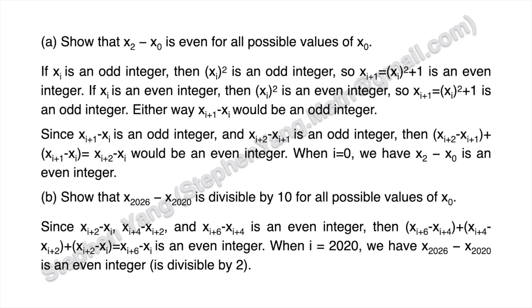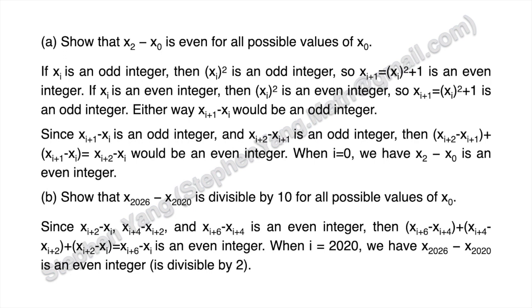Since we know that x_{i+2} minus x_i, and x_{i+4} minus x_{i+2}, and x_{i+6} minus x_{i+4} are all even integers, then we have x_{i+6} minus x_{i+4} plus x_{i+4} minus x_{i+2} plus x_{i+2} minus x_i, which equals x_{i+6} minus x_i, will be an even integer.